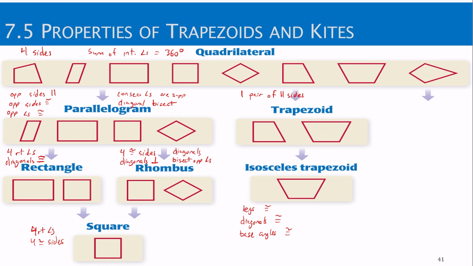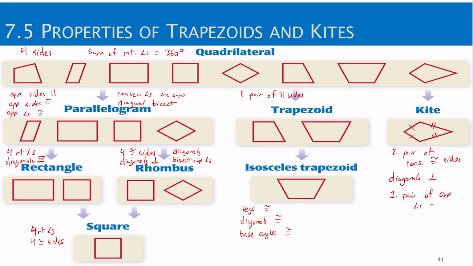Those are trapezoids. And then lastly, we had kites. What were kites? Kites were 2 pairs of consecutive congruent sides. We had some other properties though. We knew that the diagonals are perpendicular, and it has 1 pair of opposite angles congruent.